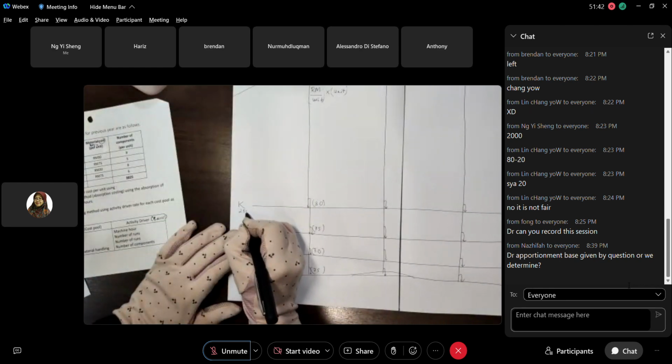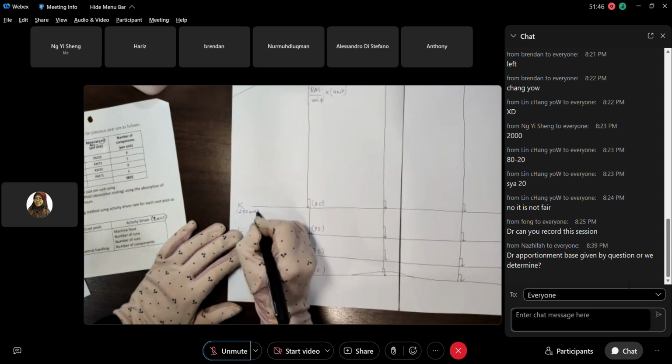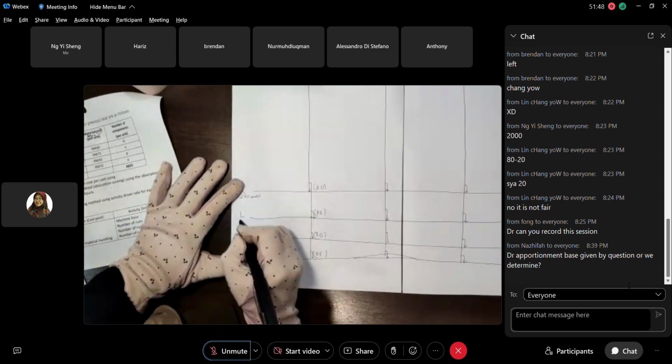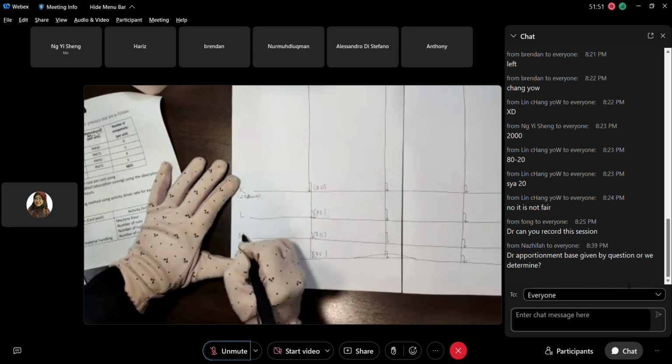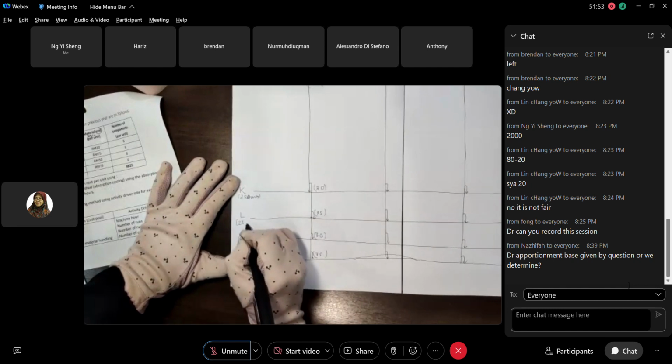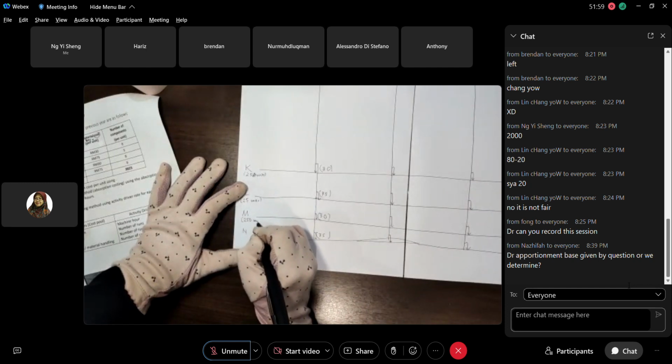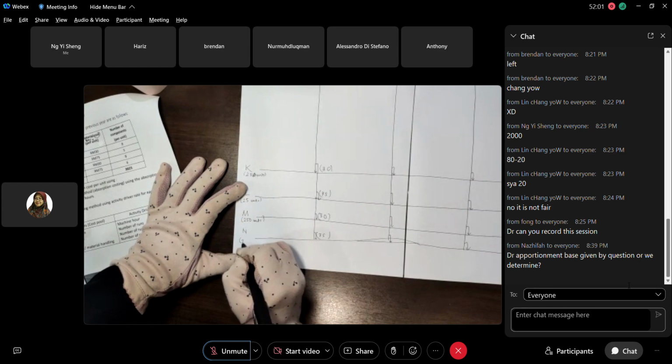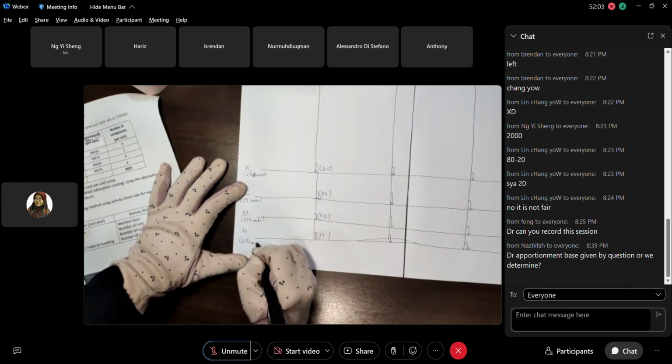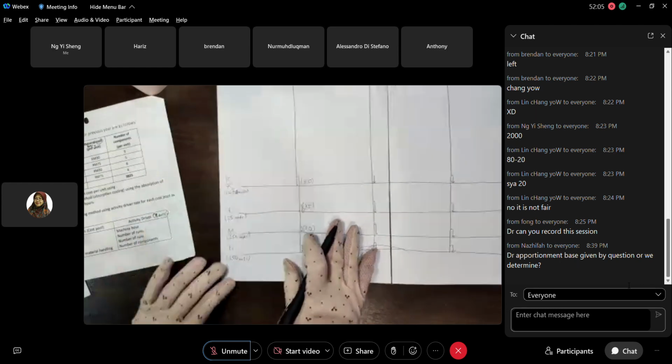This one is 25 units, this one 25 units, this one 250 units, and this one 250 units production.